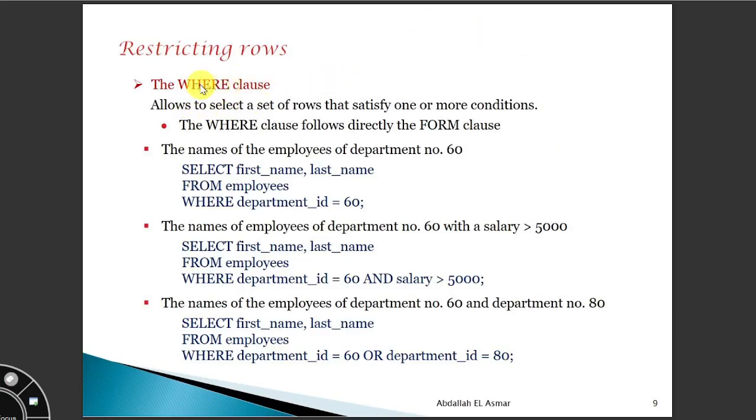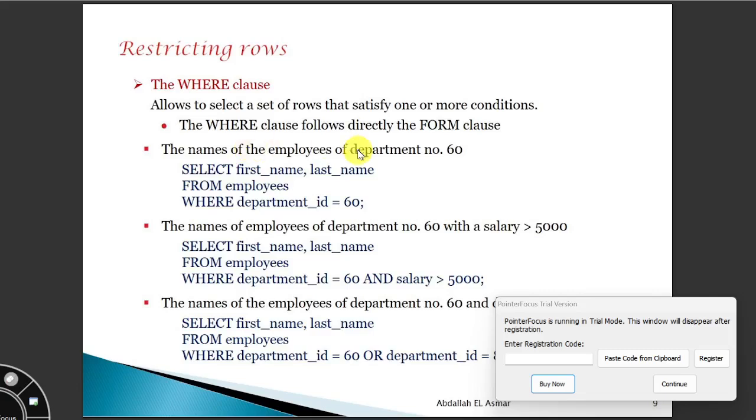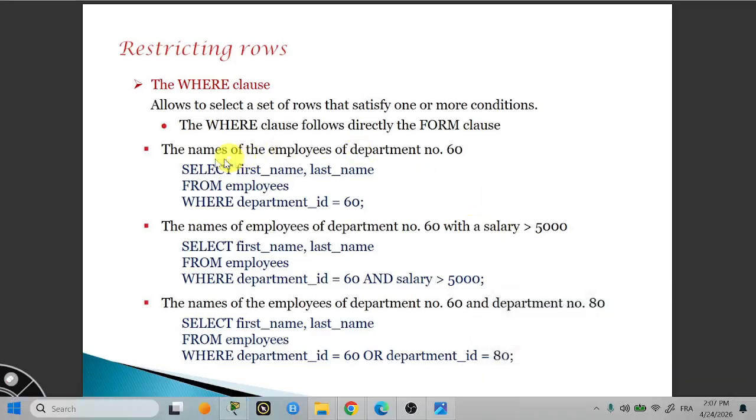For example, a where clause allows us to select a set of rows that satisfy one or more conditions. So the where clause follows directly the from clause. For example, I want the names of the employees of department number 60.